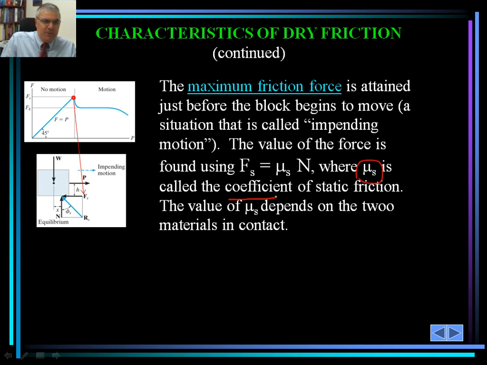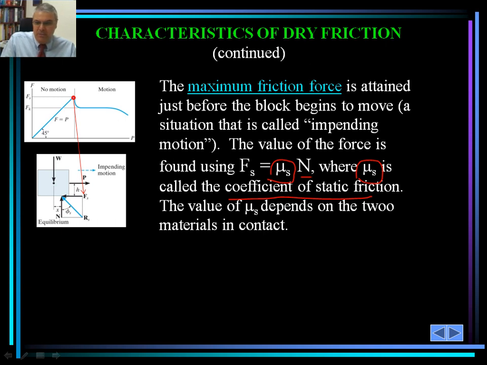You can imagine that it also depends on the surface itself, right? The rougher or smoother the surface, that would affect the coefficient of static friction. And according to N, F sub S would go up and down, right? It would increase or decrease depending on the value of mu sub S and N. So these are the two.